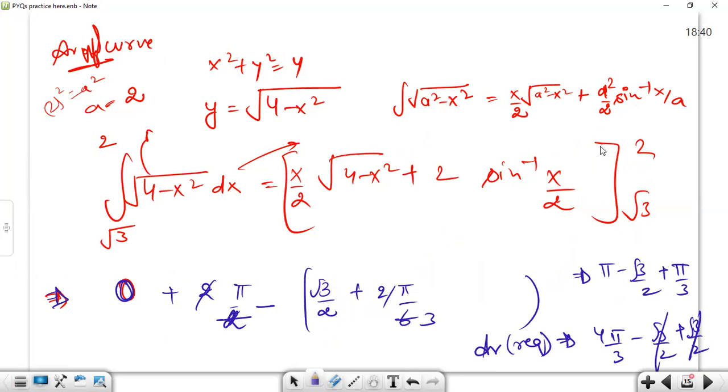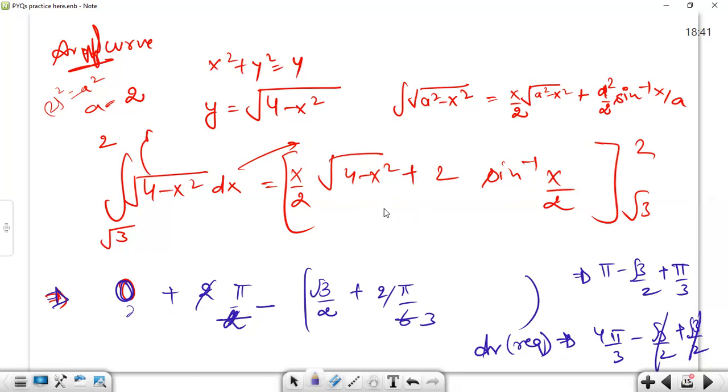So now substituting x equal to 2, 2 by 2 will make it 1, and 4 minus 4 will make it 0. Correct. 2 into sine inverse of 2 by 2, sine inverse of 1, which will be pi by 2. Minus root 3: 4 minus 3 is 1, simply cancel. 2 sine inverse of root 3 by 2.